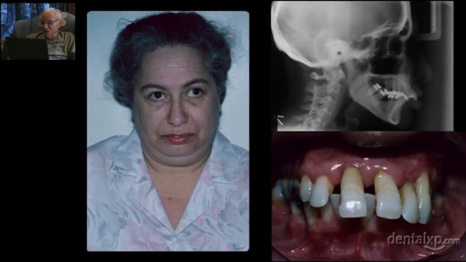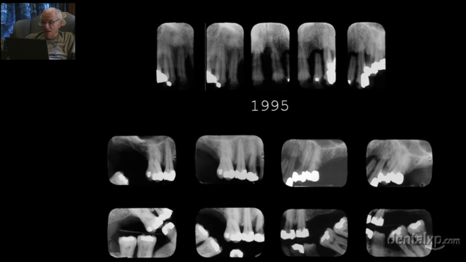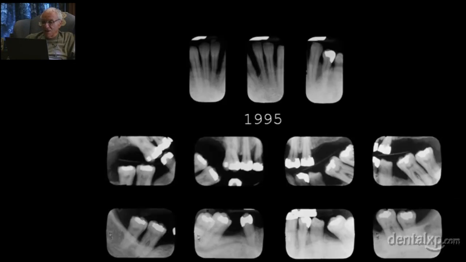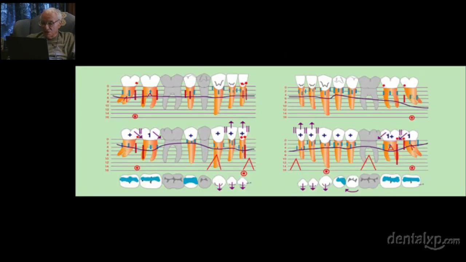So here she is as of today. Collapse. And again, you see less involvement periodontally with posterior collapse and flaring of the anterior teeth. And she is a class 2 Division 1. She's skeletal as well as dental.